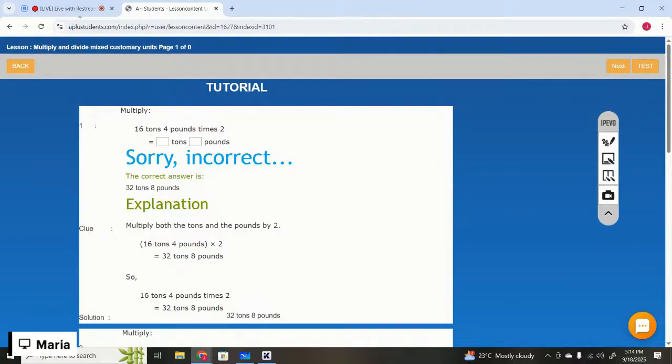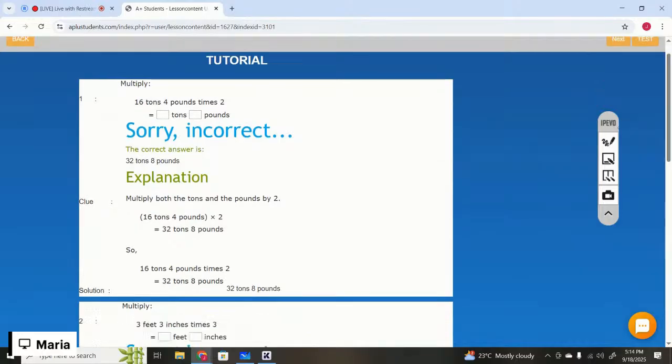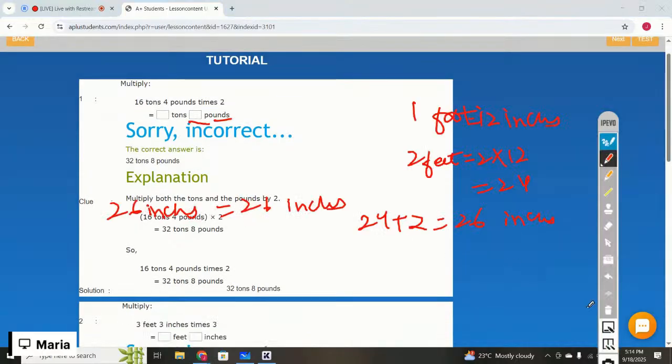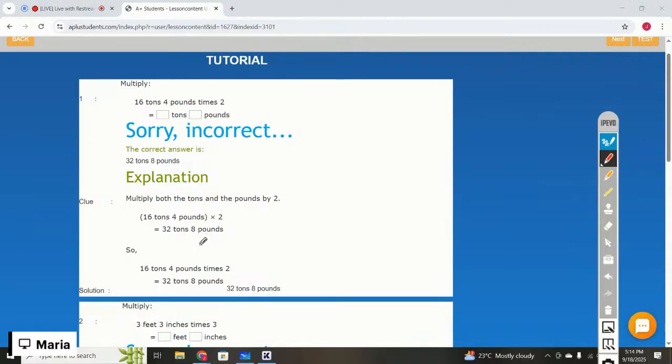So you have to multiply it by 2. So 2 times 16 is 32, and 2 times 4 is 8. That is 32 tons and 8 pounds.